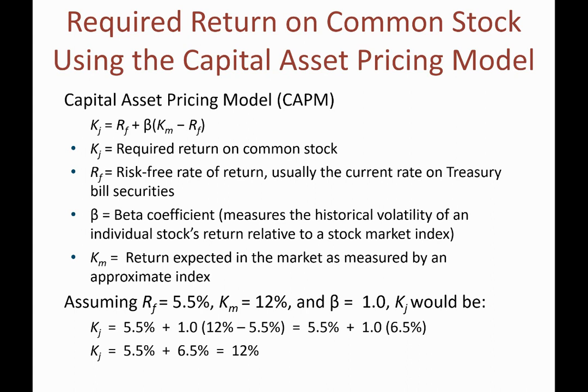But for us to use this model, we need to know the beta coefficient of the stock, and we need to know the risk-free rate, the Rf. We also need to know the market return, and take the market return minus the risk-free rate.